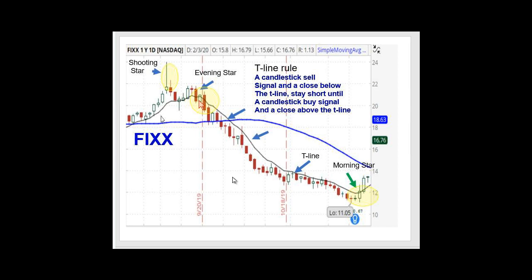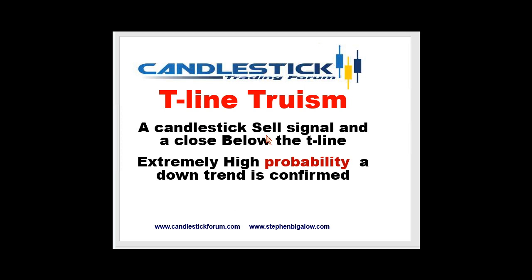If you see a candlestick sell signal, you can stay short until you see a candlestick buy signal and a close back up above the T-line. This is very important because that same truism works: when you see a close below the T-line, you have an extremely high probability you're now in a downtrend.